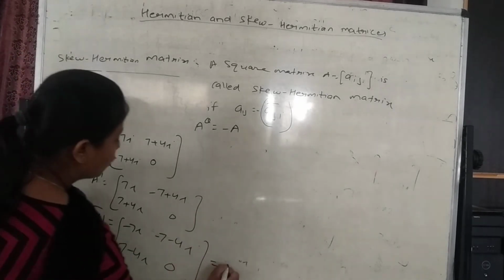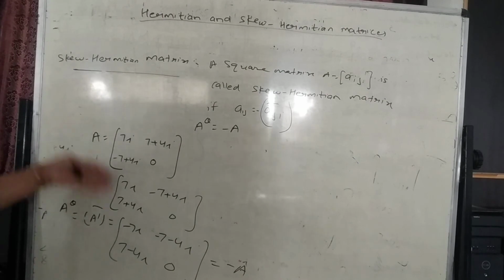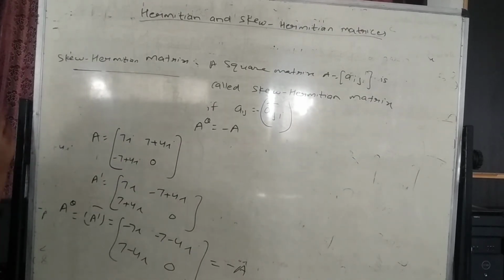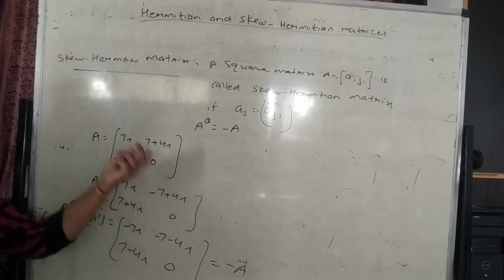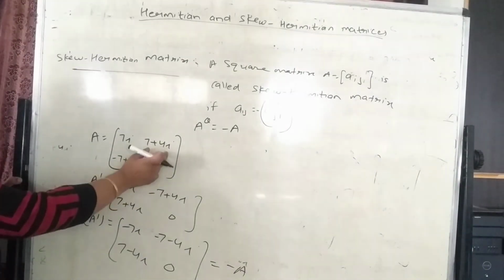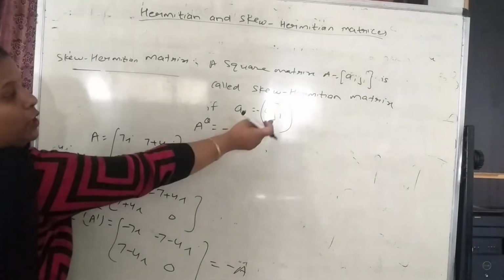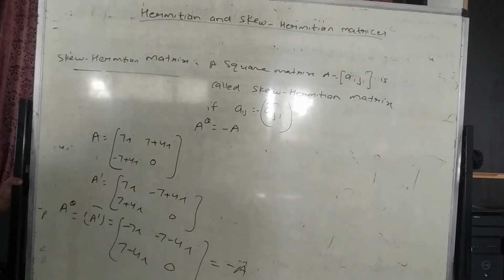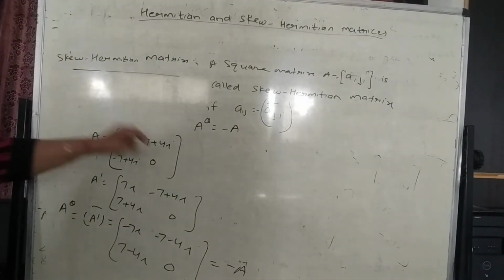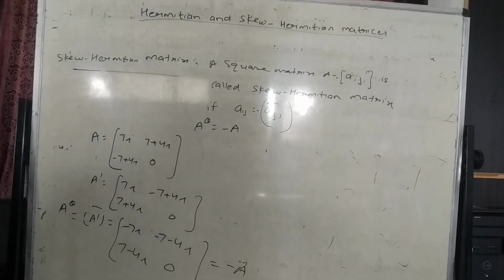See, it will be equal to minus A. So, in the definition of a skew Hermitian matrix, when we take the elements in such a way that the diagonal element should either be 0 or purely imaginary, and the other elements Aij should be equal to Aji by taking the negative sign as well as its conjugate, it will definitely prove A theta is equal to minus A.